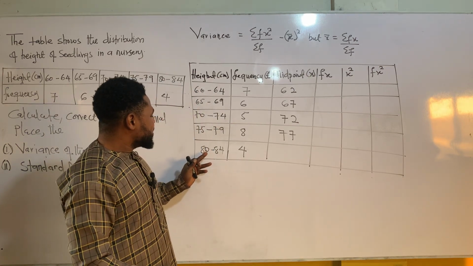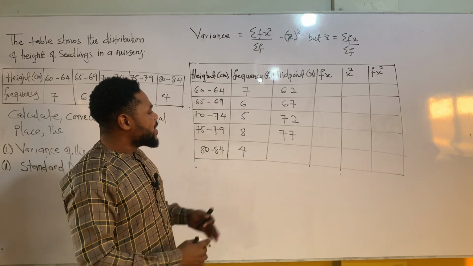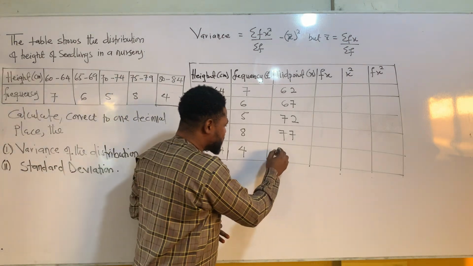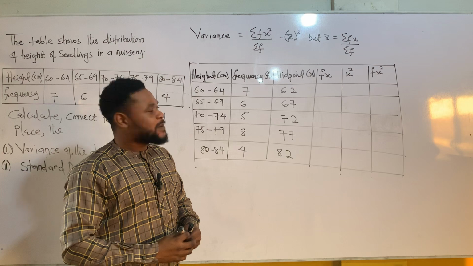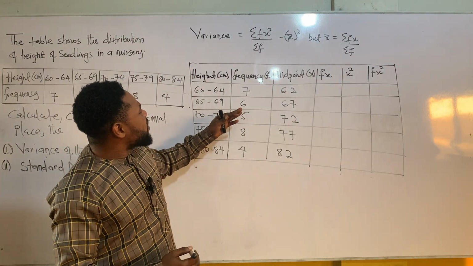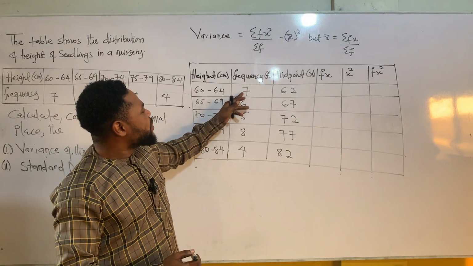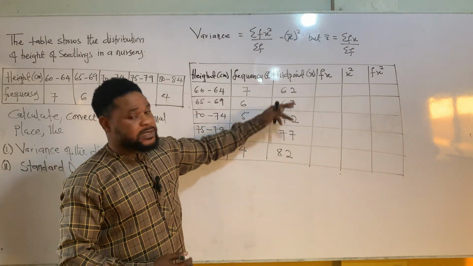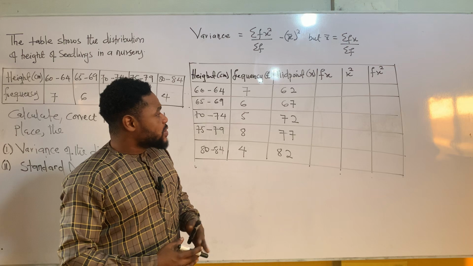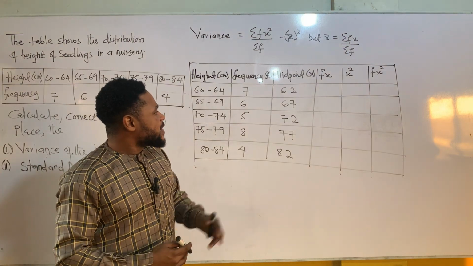And 80 plus 84 divided by 2, it will give you 82. So this is how we can get our midpoint. Now let's see how we can get our f multiplying the x. So this will multiply this. Our numbers are going to be huge, but we'll take it like that.